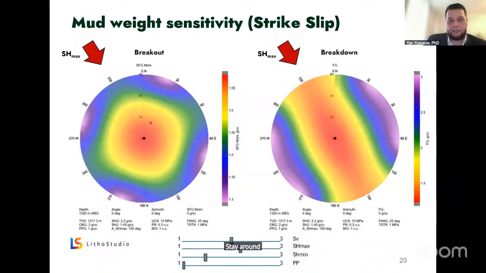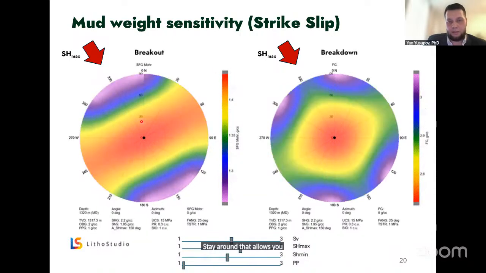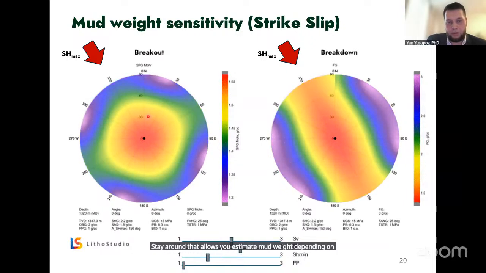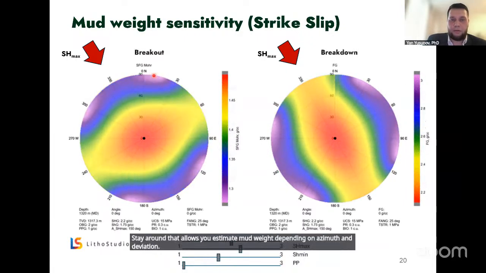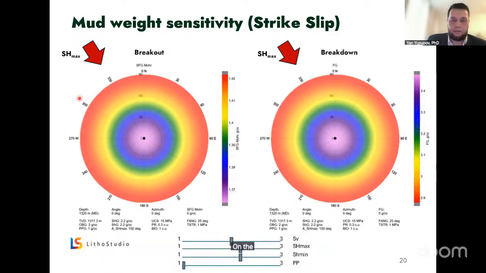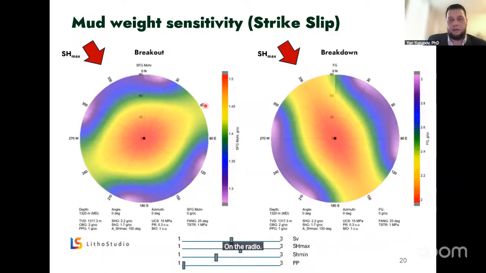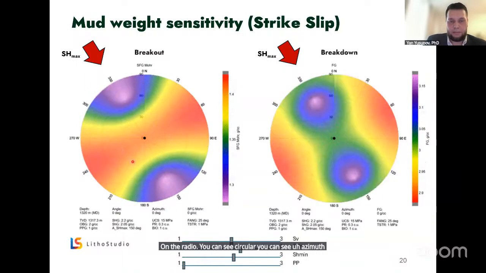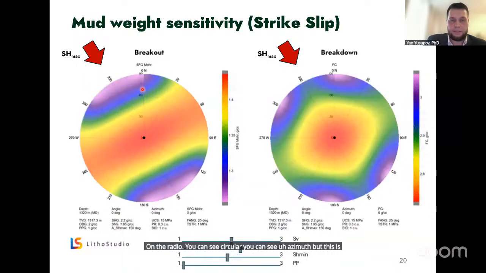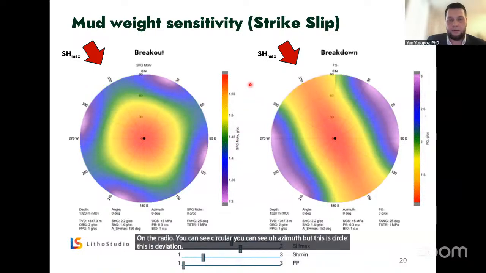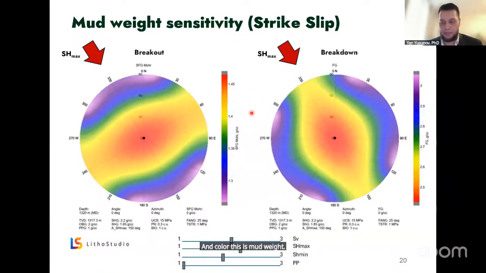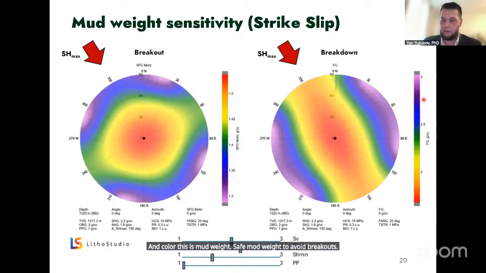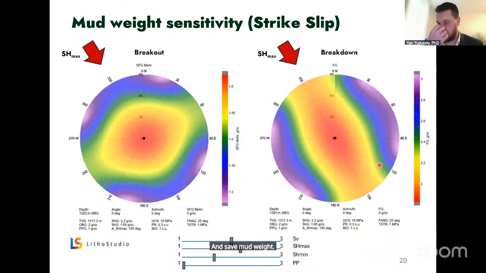A stereonet allows you to estimate mud weight depending on azimuth and deviation. On the radial, you can see azimuth, and the circle is deviation. And color is mud weight: safe mud weight to avoid breakouts, and safe mud weight to avoid breakdown.